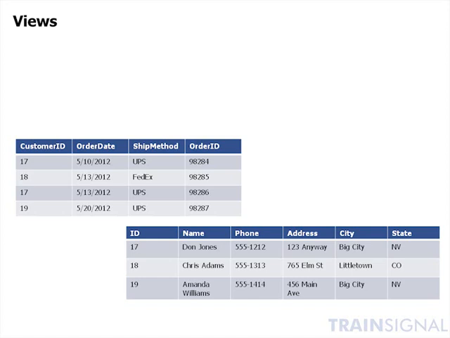They need to see shipping methods and order IDs and order dates, but they also need to see customer names and the city and state that things were shipped to. Perhaps they're going to do some analysis on how long shipments take to get to different states and cities. To protect my customers' privacy, though, I really don't want these folks looking at my customers' phone numbers or their street addresses. So I don't want to just let them access these tables directly.